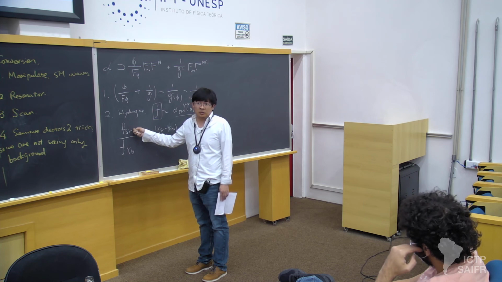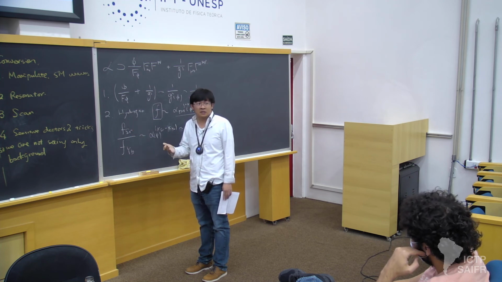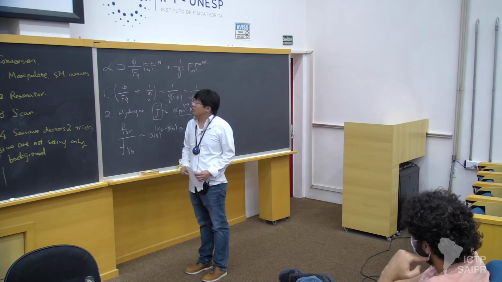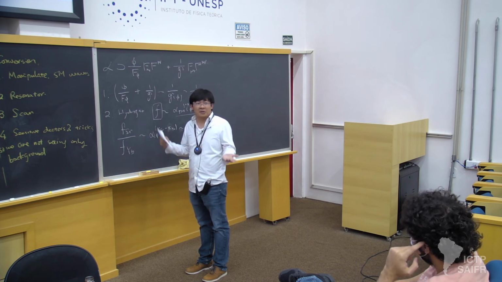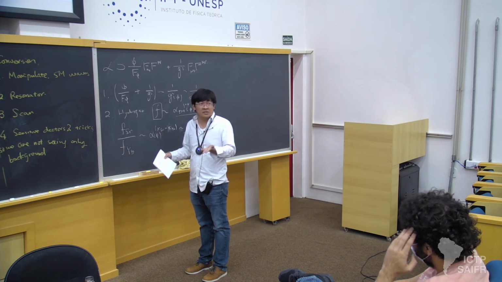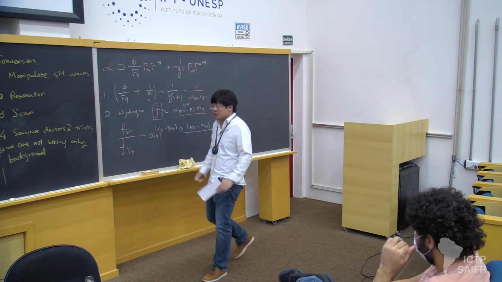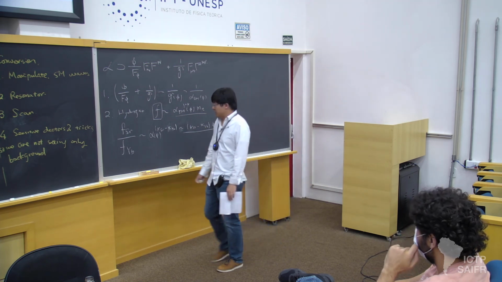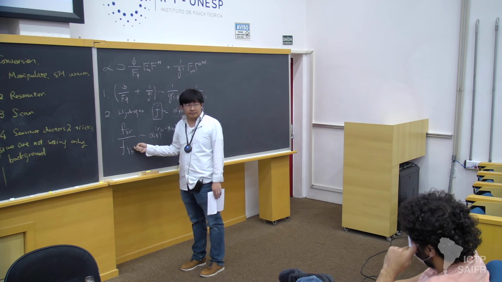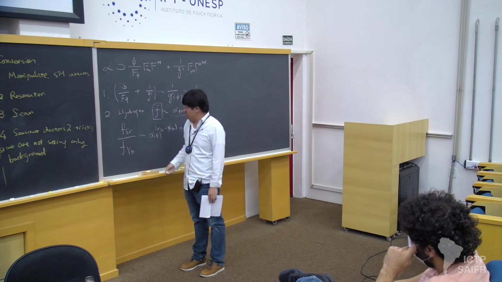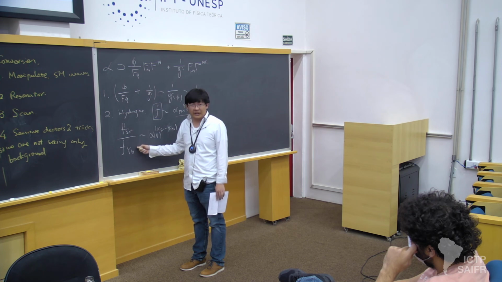You have probably heard about the cesium clock, and a second is defined as 9 billion-something periods of cesium oscillation. So here, an atomic clock is basically measuring these frequencies to set an absolute scale of time. I don't want an absolute value for time.